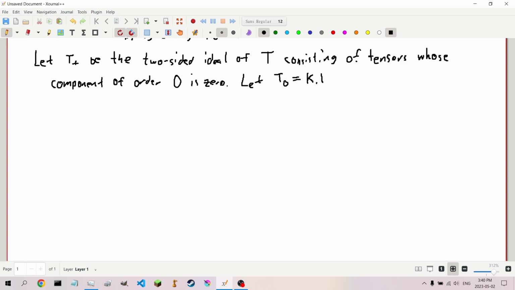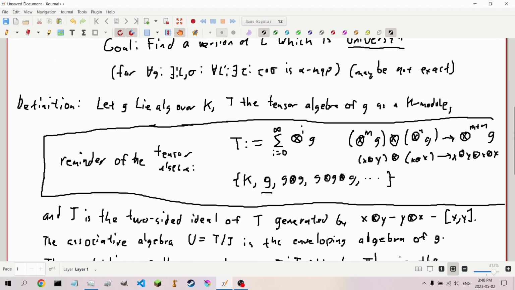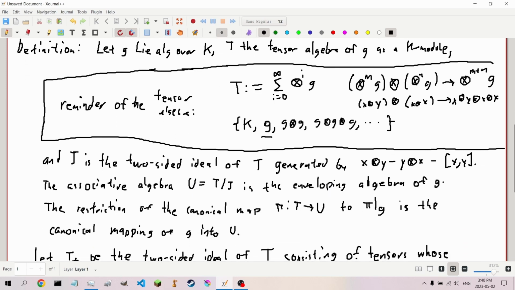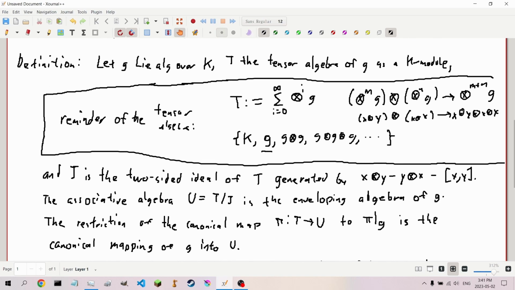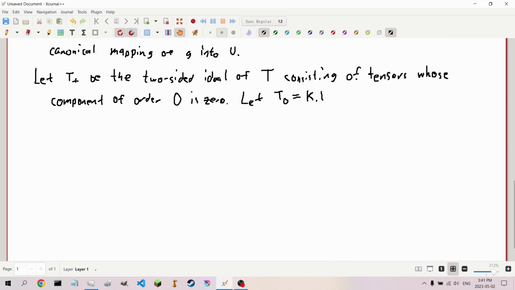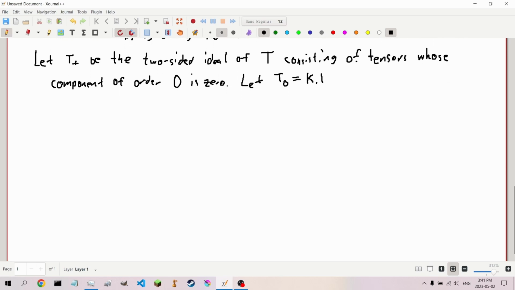K is our ring, and it acts on our Lie algebra by scalar multiplication. Does G have a unit? K has a unit. Oh, no, T has a unit.